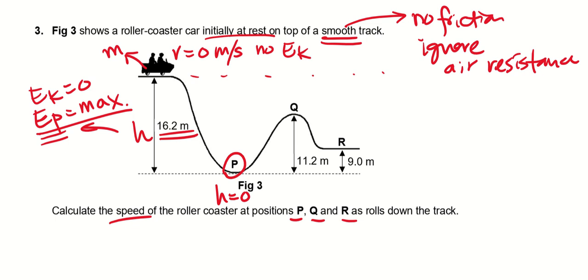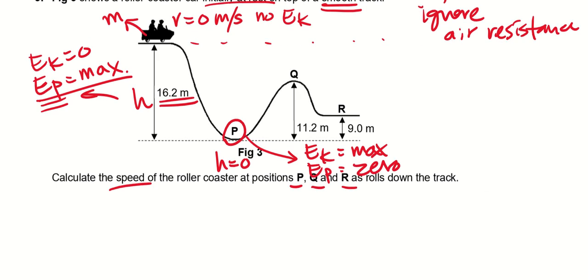This is opposite of P. At P, it actually has maximum energy in the kinetic store, but because it doesn't have any height, the energy in the gravitational potential store is 0.